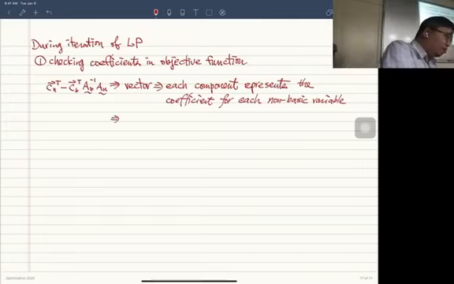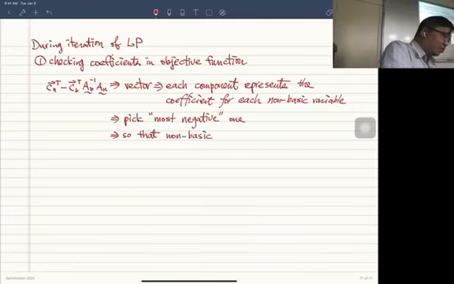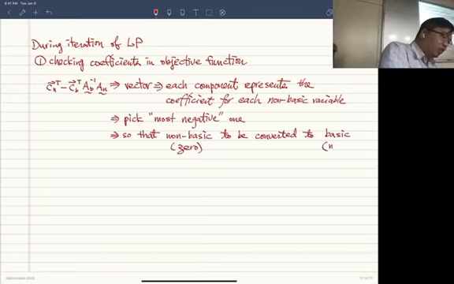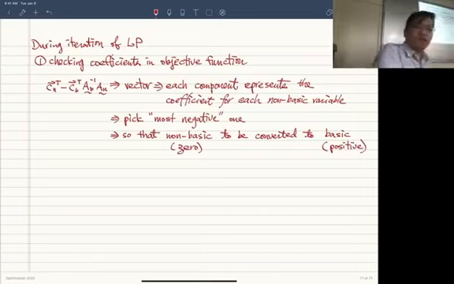So you need to pick the most negative one. So that non-basic variable, which was 0, is to be converted, yes, it was 0, converted to basic. So it's going to be positive later on. Okay, so that's our first step.